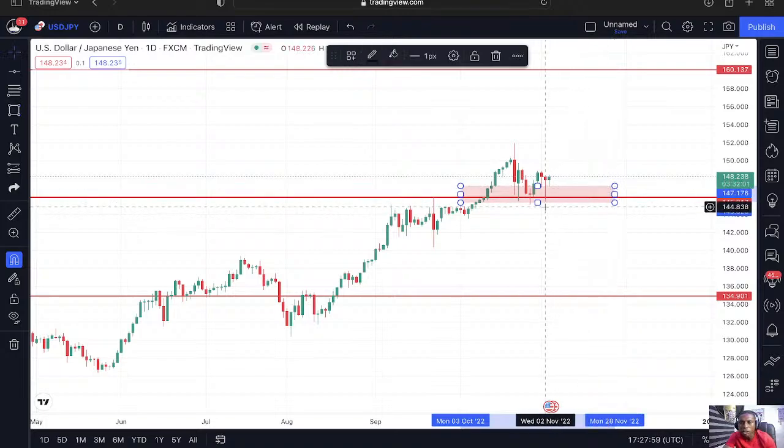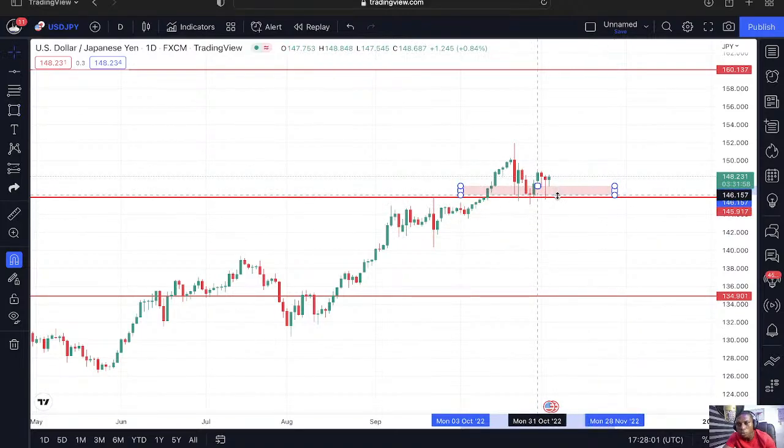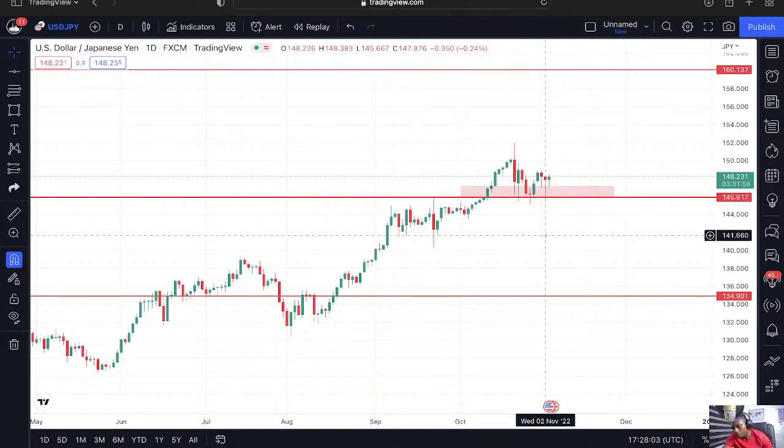Now you see, one of the reasons why we have to do multiple time frame analysis sometimes is to get clarity. Multiple time frame analysis gives you clarity into what the market is doing, to determine what the market would most likely do.